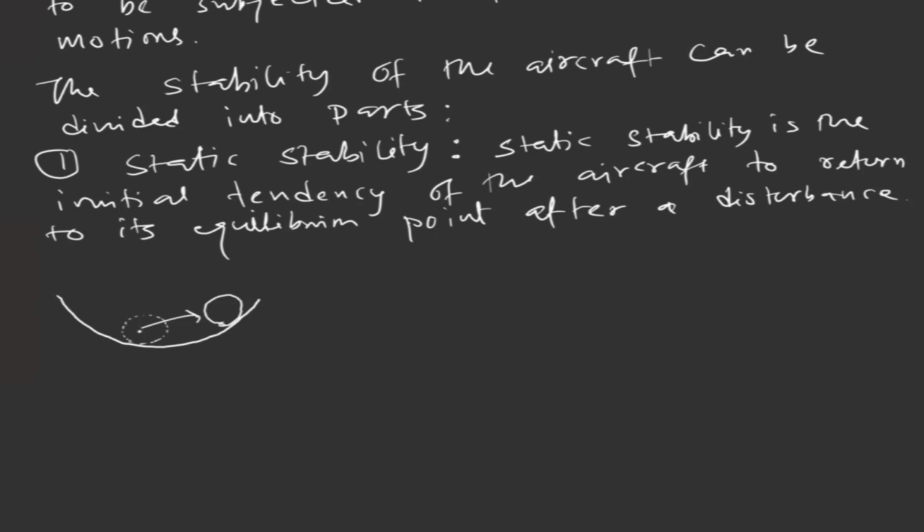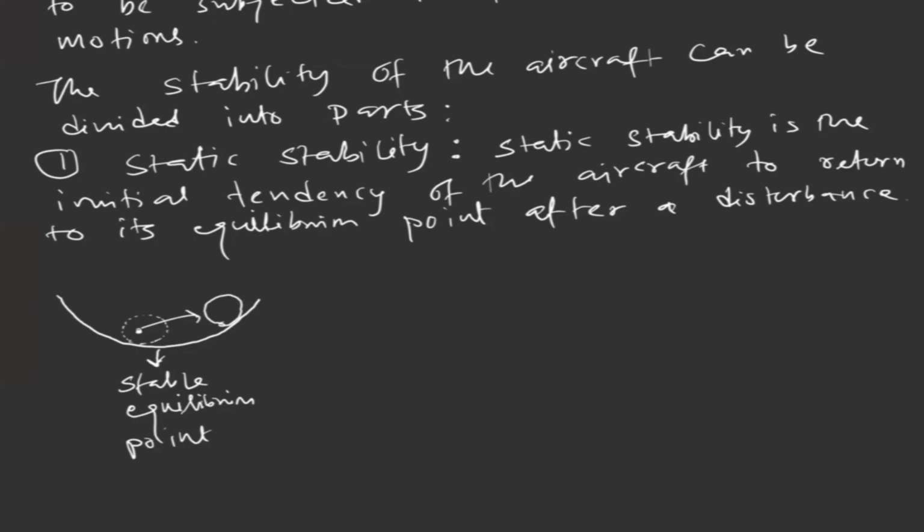If this kind of phenomenon happens in a dynamical system, we can say this point is a statically stable equilibrium point, because the ball has an initial tendency to come back to the equilibrium condition.